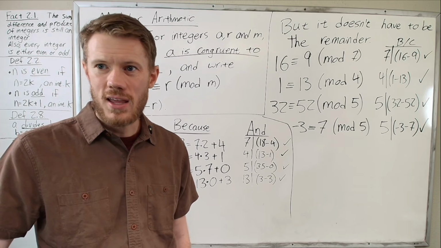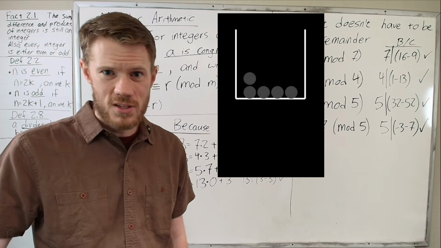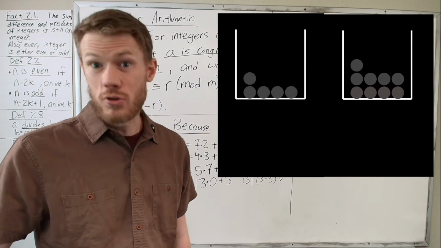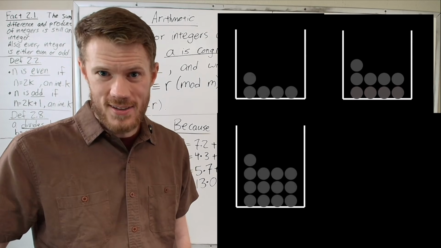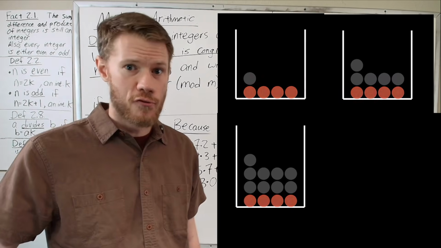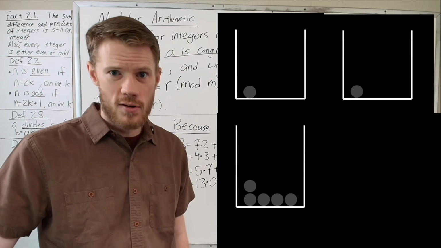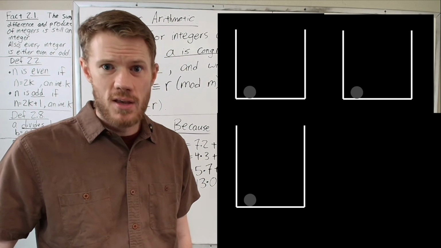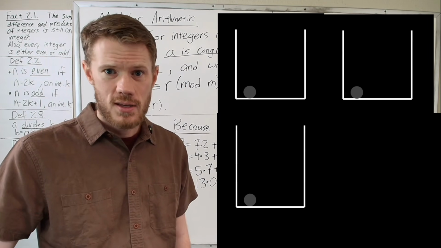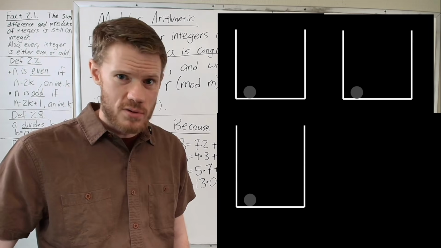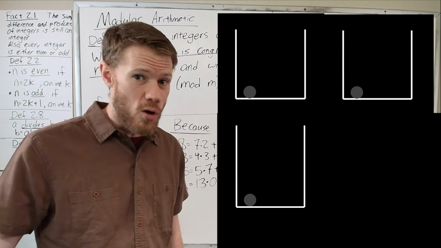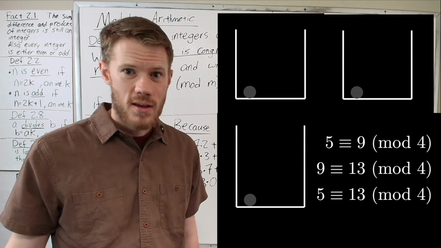So if you have 5 balls in a box, or 9, or 13, in all 3 of these cases, if you remove 4 at a time, because we're working mod 4, you get down to a single ball in the box. So what were the starting numbers? 5, 9, and 13. So 5, 9, 13, and 1, by the way, are all congruent to each other mod 4.